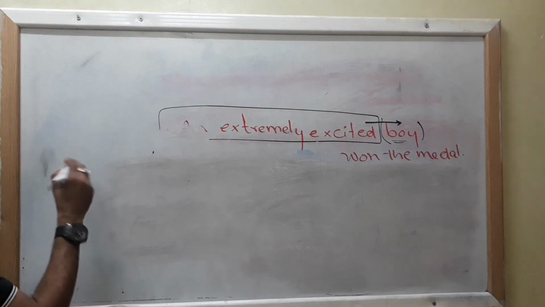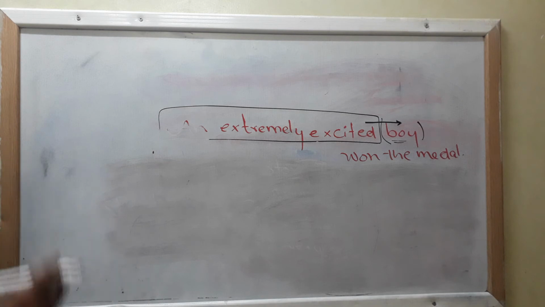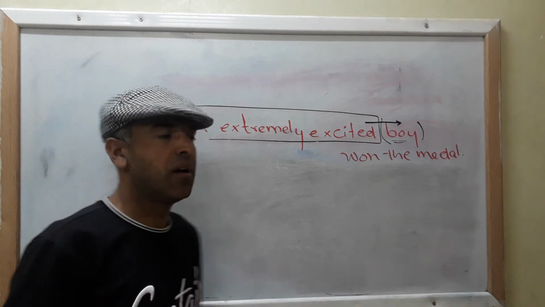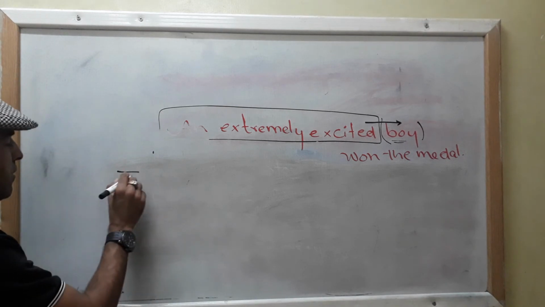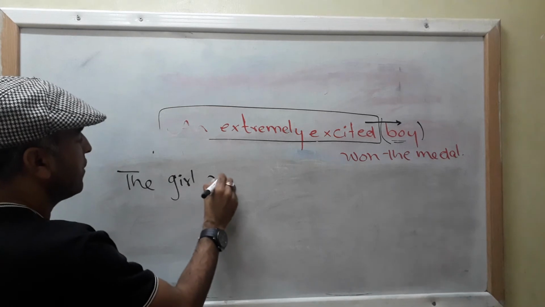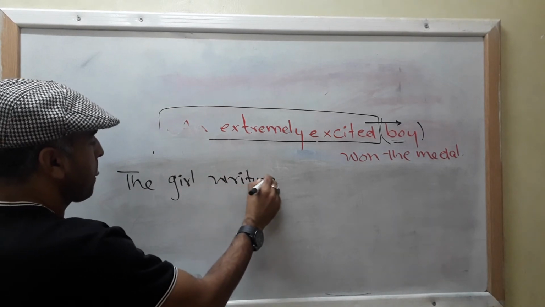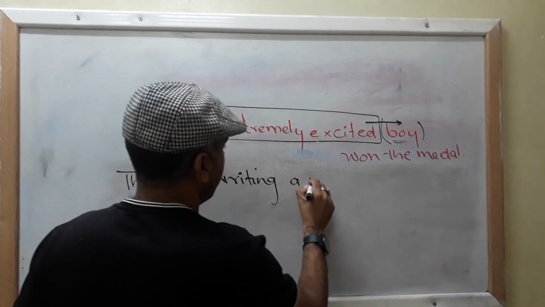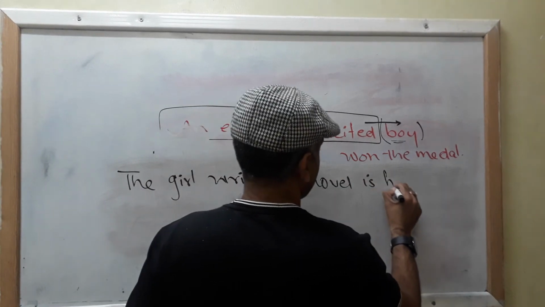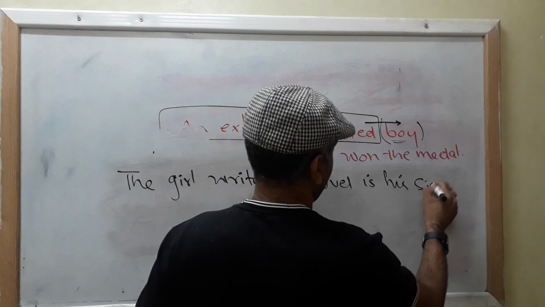Now let me cite an example of an adjective phrase starting with a participle that does not have an adjective in it. Number one, the girl writing a novel is his sister.